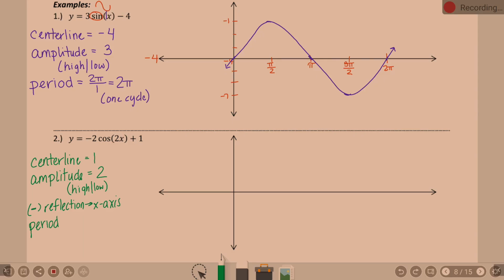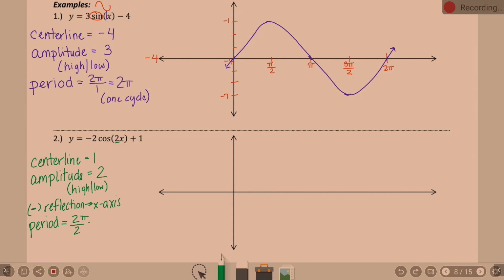Okay, let's talk period. The period of a sine or cosine curve is normally 2 pi. Officially, we have to do 2 pi divided by b. Do we have a b value? B is your coefficient here of x. So for my period, I'm going to do 2 pi divided by 2.